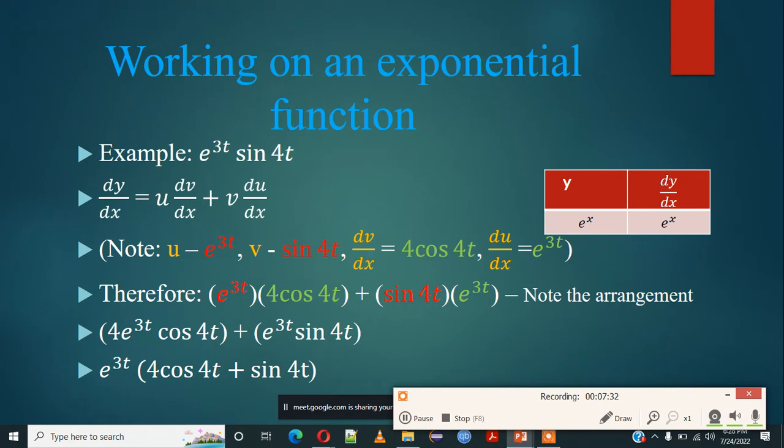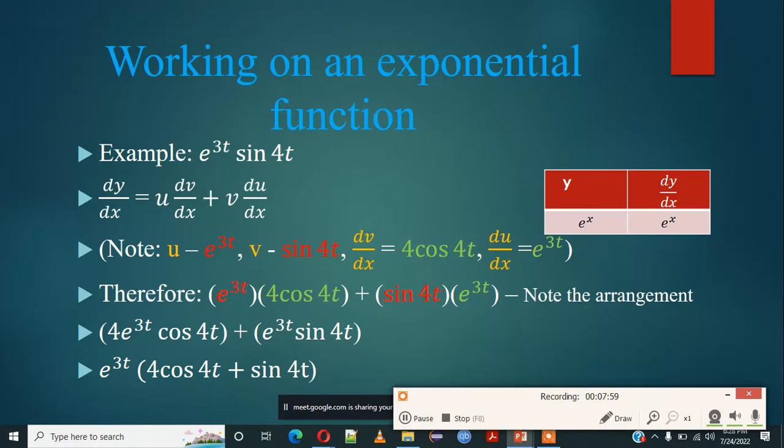And then when we substitute them into the formula, we have exponential 3t times 4 cos 4t, plus sin 4t times exponential 3t. Note the arrangement. Make sure that everything falls into place. U comes to its place, dv over dx comes to its place, v comes to its place, and du over dx comes to its place.